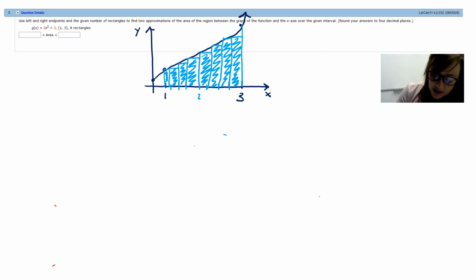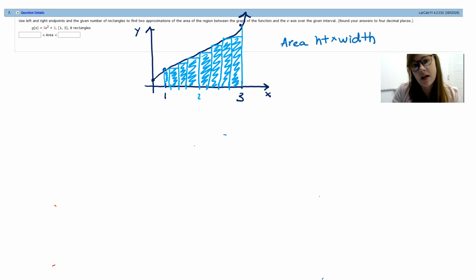So I'm going to find the area of these 8 rectangles. And rectangles have a really nice area formula. It's just the height or the length times the width. Now, ideally, this would be perfectly drawn to scale and the width would be equal. So the space in between them would be equal.